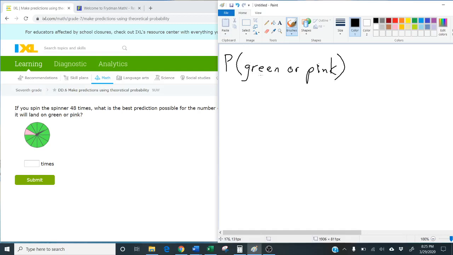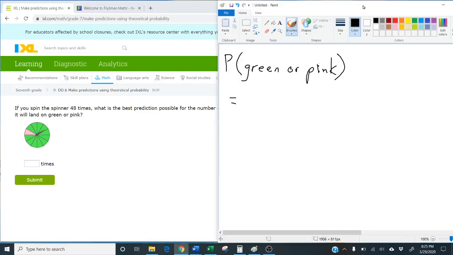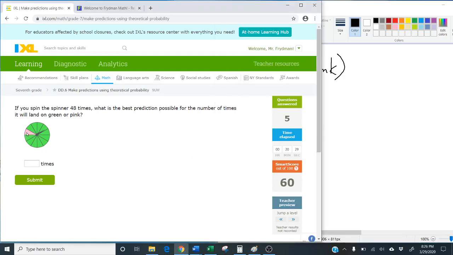Well, the probability of landing on green is 1, 2, 3, 4, 5, 6, 7, 8, 9, 10, 11 out of, there was a total of 12 wedges here. The probability of getting pink was, there's only one pink space there, so 1 out of 12.